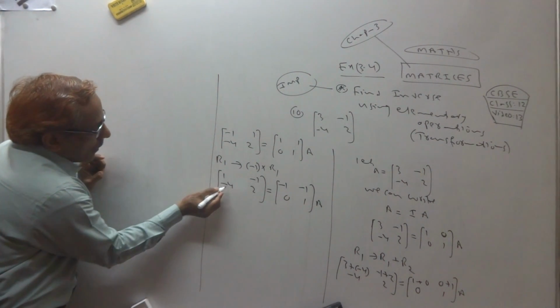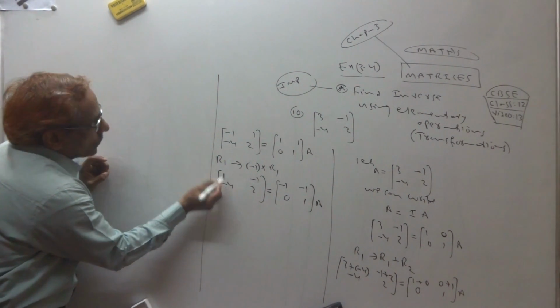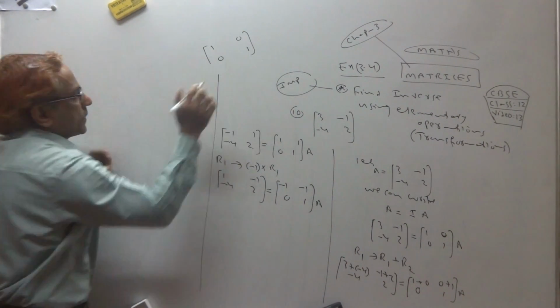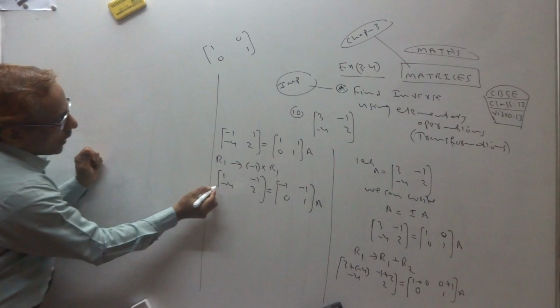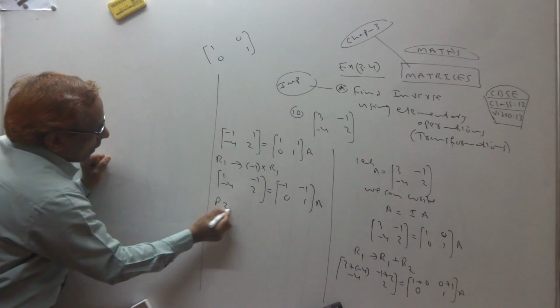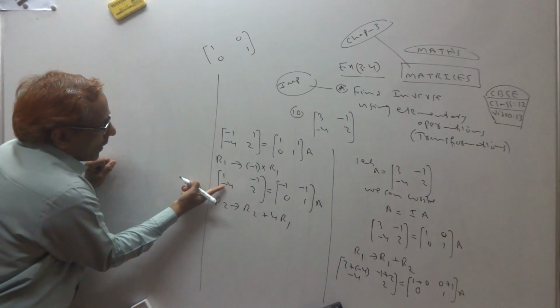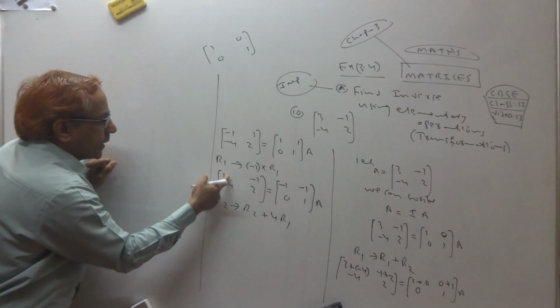Now I have to get 0. Always first we make 1, then 0. How do I get 0 here? R2 gives R2 plus 4R1. Minus 4 plus 4 ones are 4, I get 0.